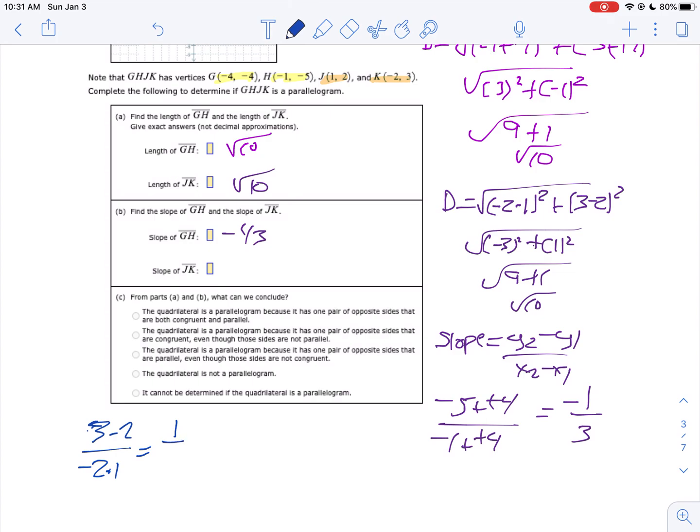Negative 2 minus 1 is negative 3, so you get negative 1/3. You have one set of sides, both parallel and congruent, so that makes it a parallelogram. So that's our first choice here.